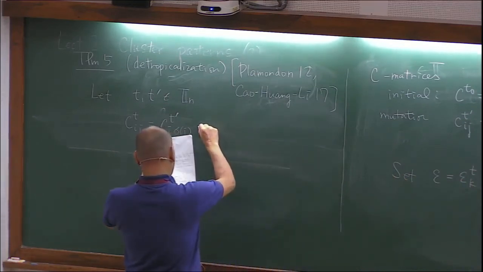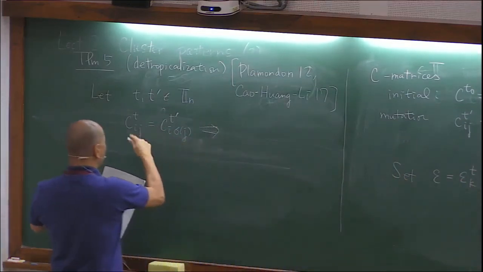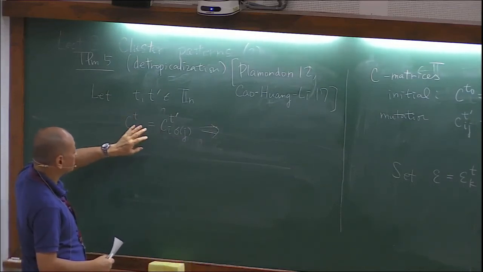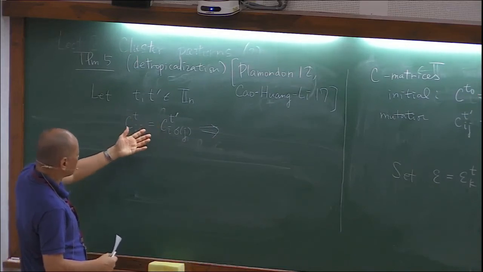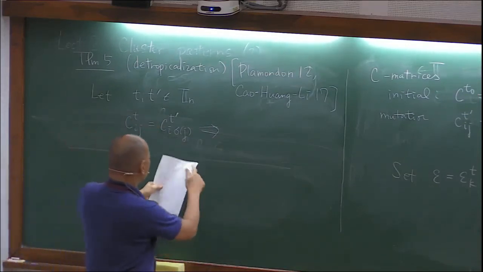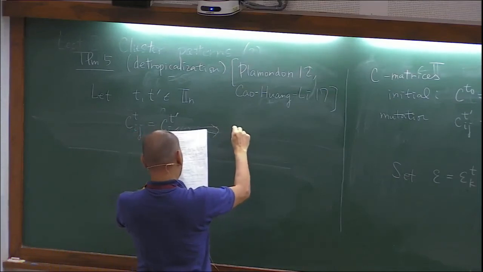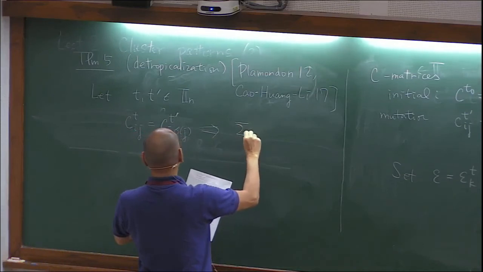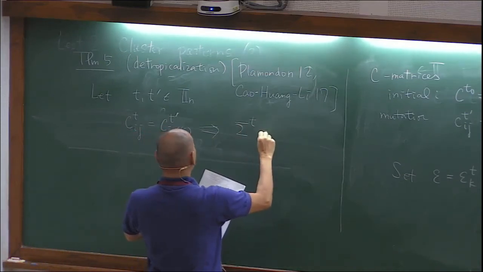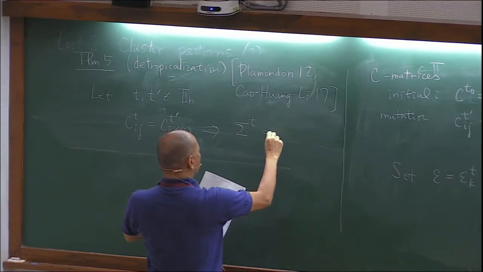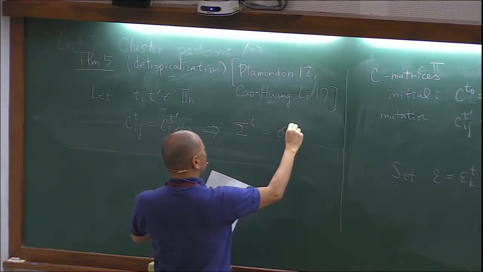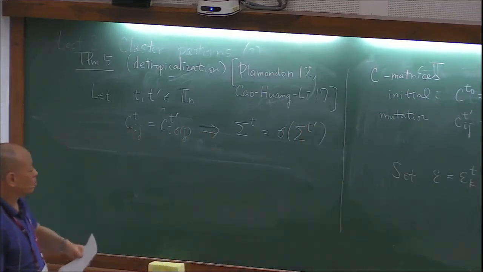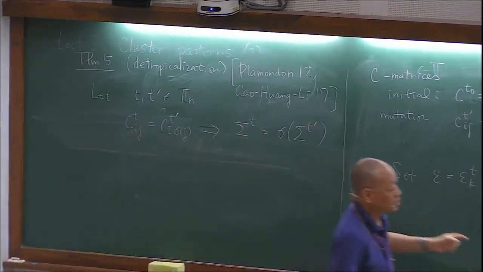From this, it means the C-matrix part of the seed attached to the cluster pattern has a sigma relation. Then from this, you claim that the whole seed at t is related to the seed at t' by this.